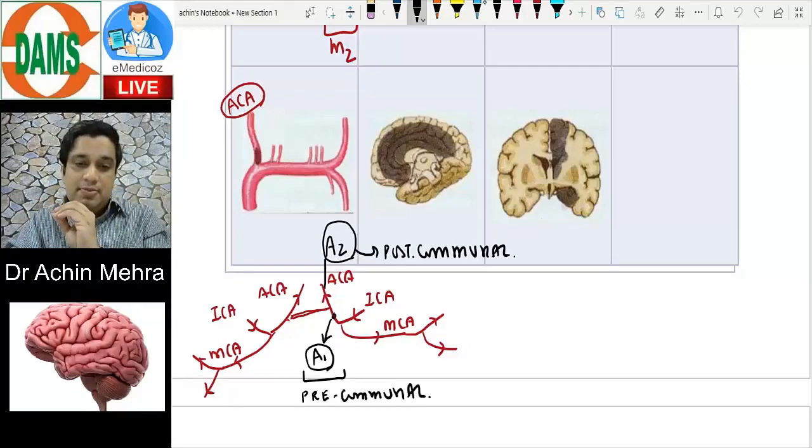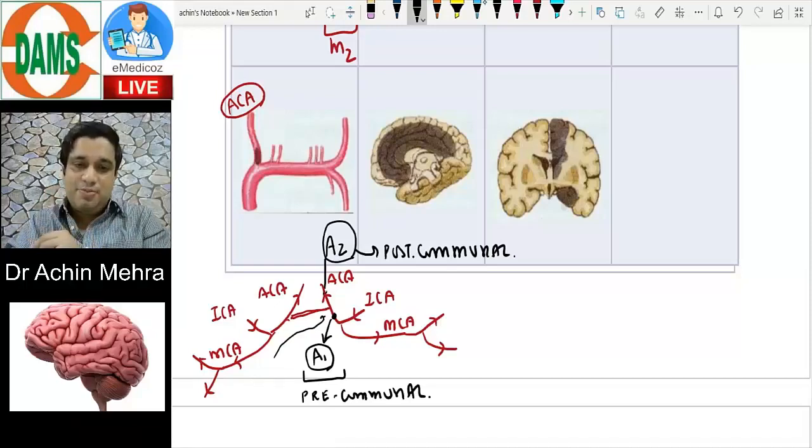Now this embolus has come into the ACA territory in the A1 segment, that is pre-communal. We have discussed this in the class. Will any neurological deficit occur in this case? No. Why? Because the contralateral side will reperfuse that particular brain part which has a deficient blood supply because of this embolus. So a TIA will occur, that means the person will have an ischemic attack and the patient will recover very fast.